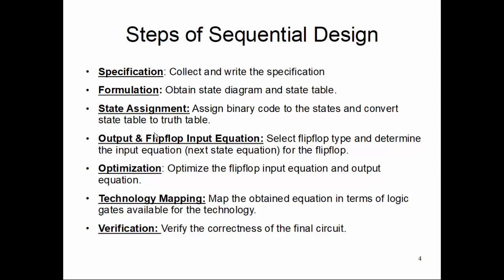Once we have the truth table, we can solve it with the K-map. Here the only difference is that we need to come up with the flip-flop input equations. Optimization, technology mapping, and verification are all common steps with combinational circuit design. All right, so these are the steps.